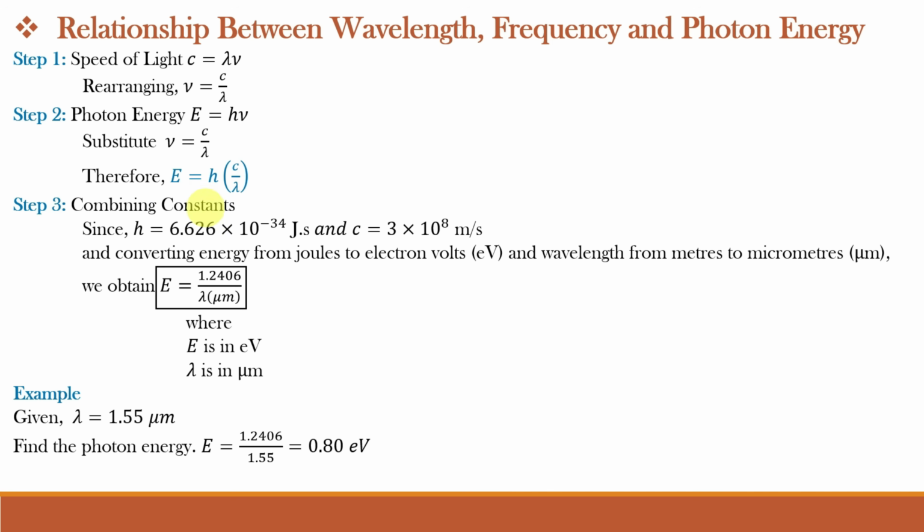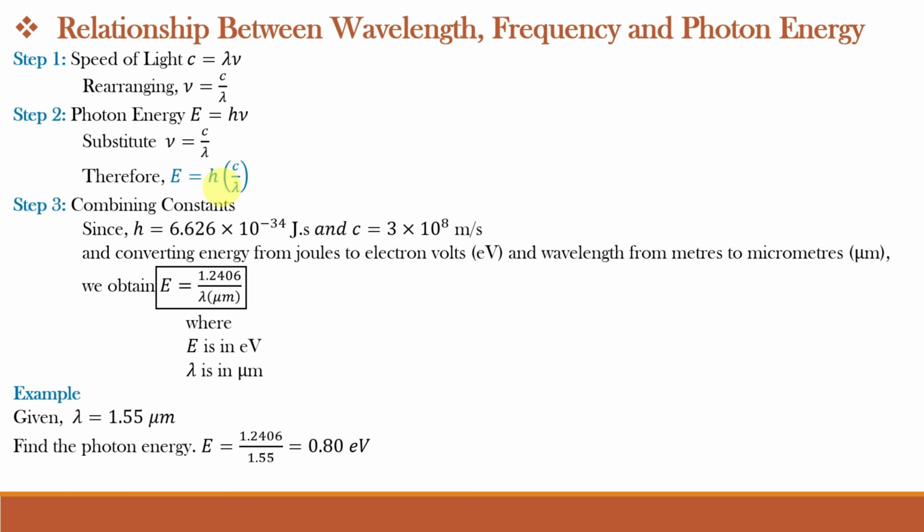Now if we combine the constants, that is h, Planck's constant, which is 6.626 into 10 raised to minus 34 joules second, and c is equal to 3 into 10 raised to 8 meters per second, and converting energy from joules to electron volts and wavelength from meters to micrometers, we obtain E is equal to 1.2406 upon lambda in micrometers.